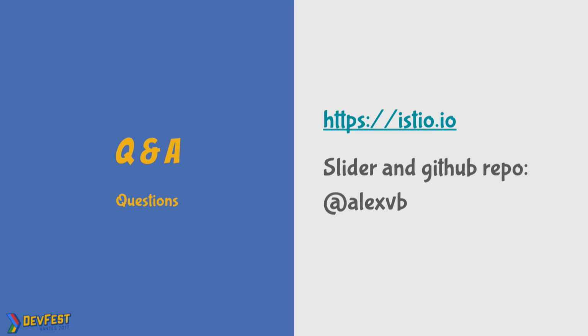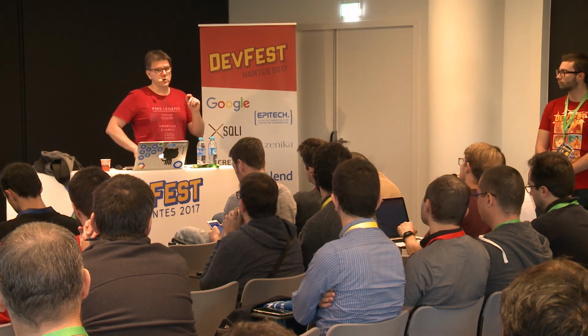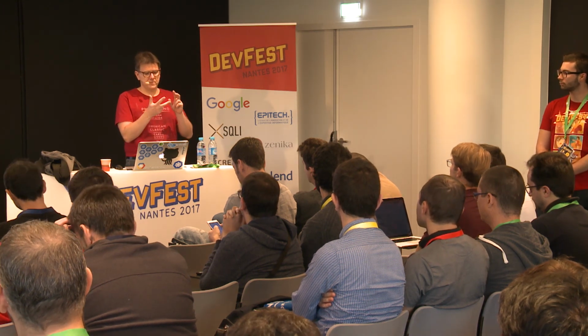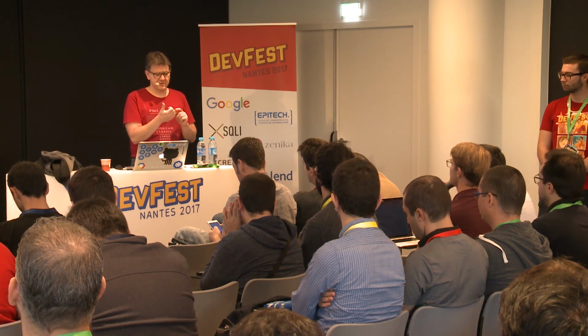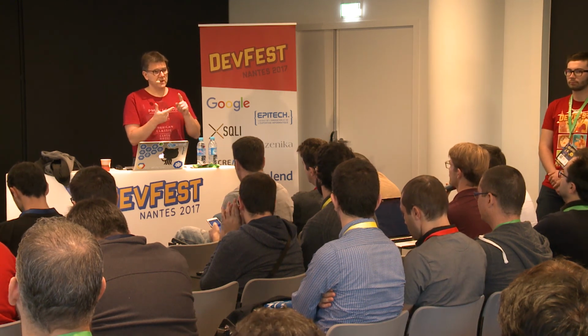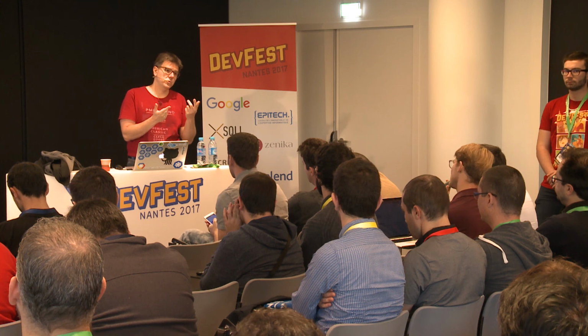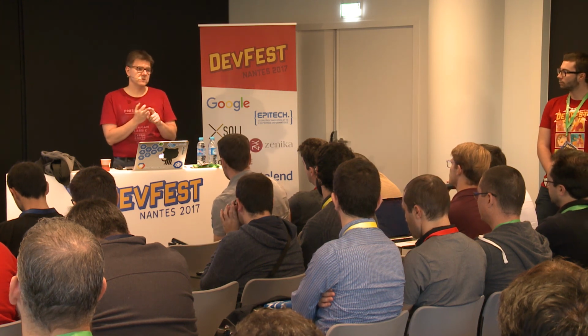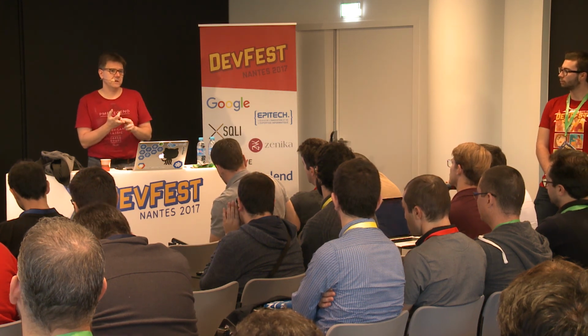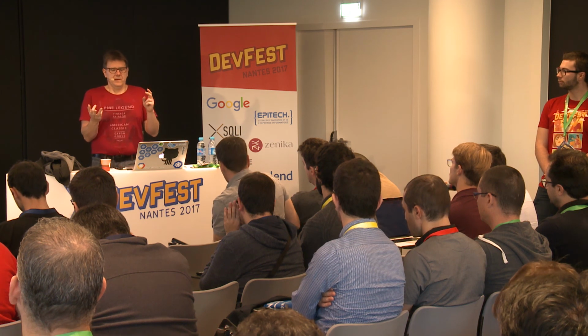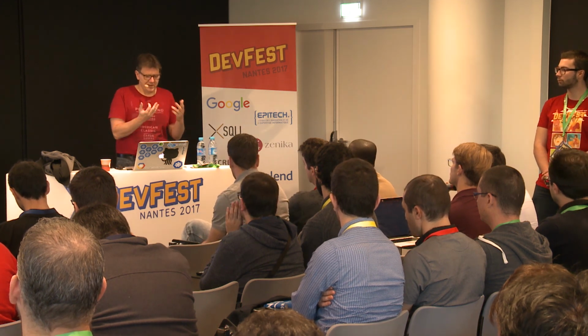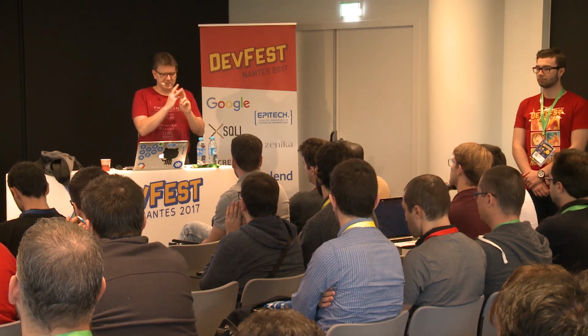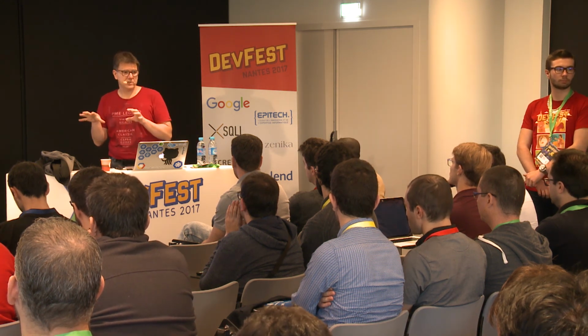Hi. Is the communication only in HTTP? So the communication between services? No. So the four protocols it handles are HTTP, gRPC, so HTTP2, Mongo, which is just TCP with some interesting parts, and Redis, which is also a basic protocol, but Envoy needs to understand it.